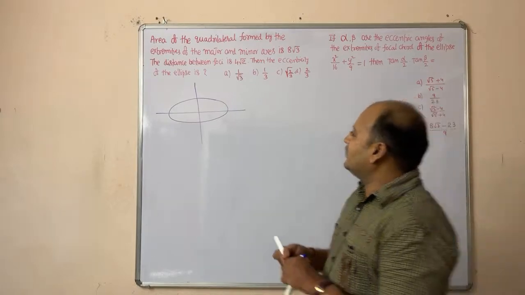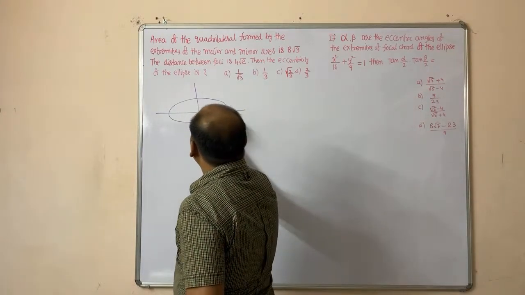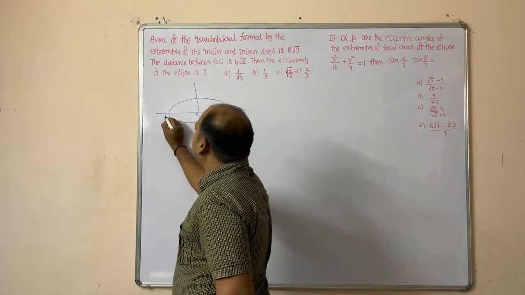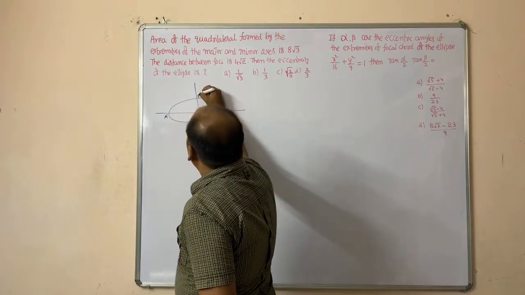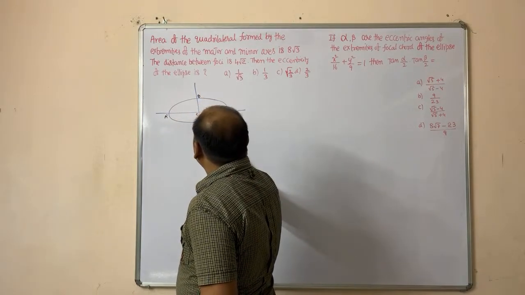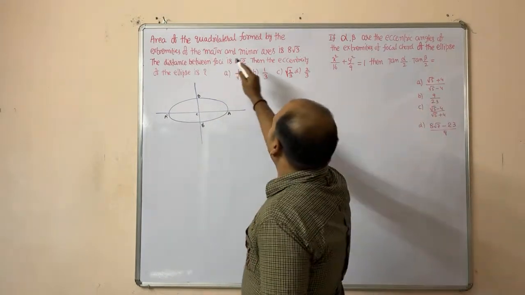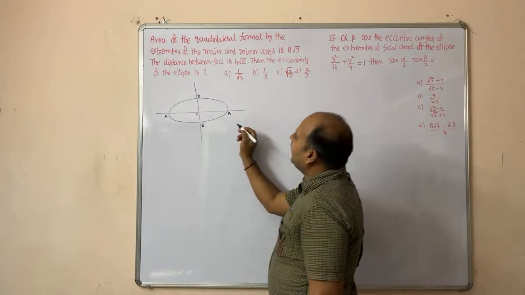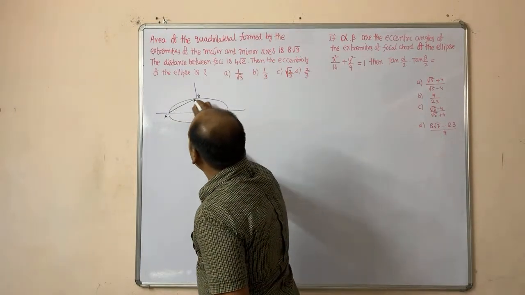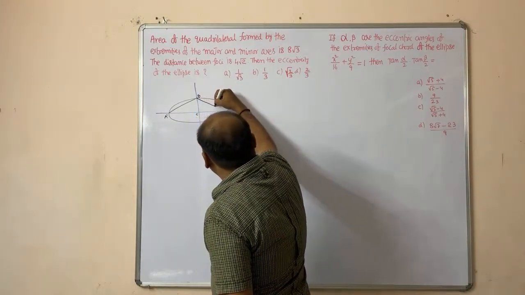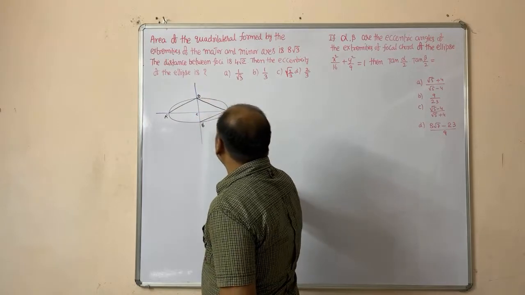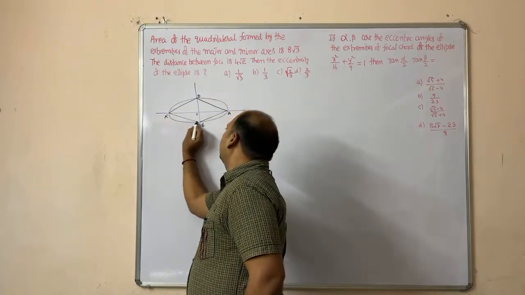See, this is the center, major axis A dash, A, B dash, B, extremities. I hope you understand. The area of quadrilateral formed by the extremities. So join these two and join these two, join these two and join these two.